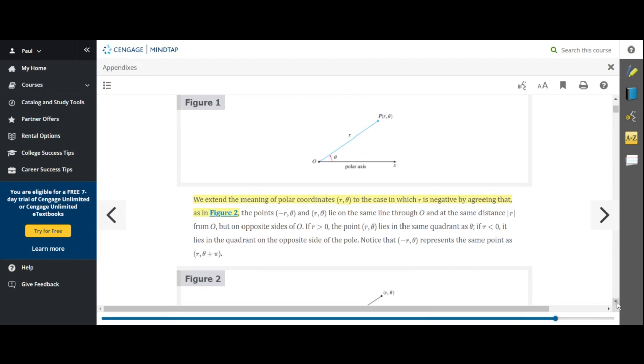So you can plot points in the plane by identifying an angle, right? An angle could get you anywhere in the four quadrants, because an angle can go from 0 to 360, right?